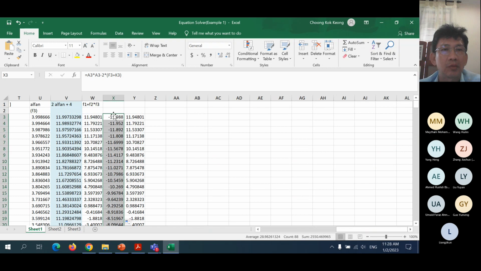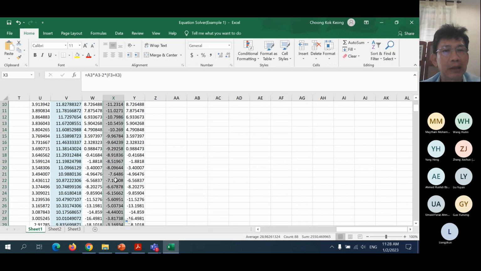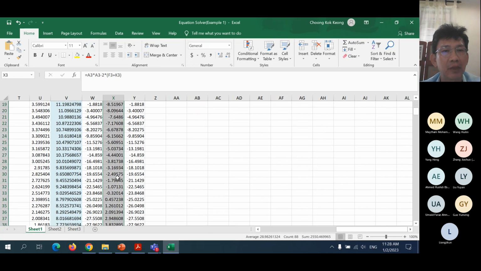So when we substitute these values that we calculated and ask the Excel to help us calculate, what we are looking for is the KL. When you substitute the KL value, the function here that we want to solve changes from negative to positive or positive to negative.